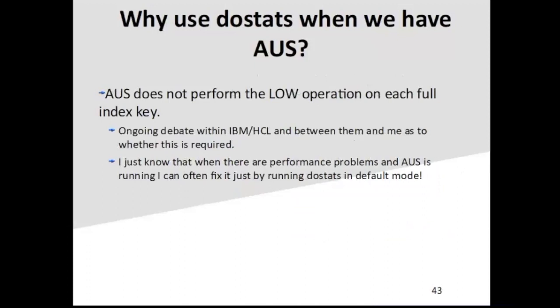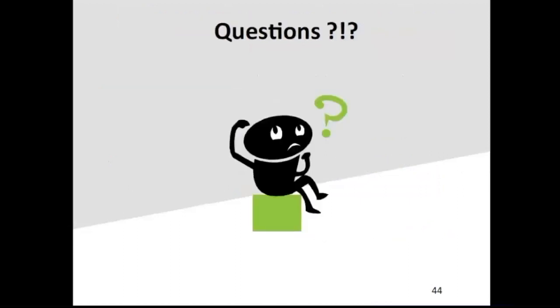Others agree with me that you have to do it. All I know is if I go into a client site and they're having problems and their statistics otherwise look good, but AUS has been gathering them, I run DoStats. The stats look the same, but they work better. And I think it's because of the LOW, because that's the only real difference that I've been able to detect. So I just think this is an important step that AUS does not do. Questions about AUS and replacing AUS?